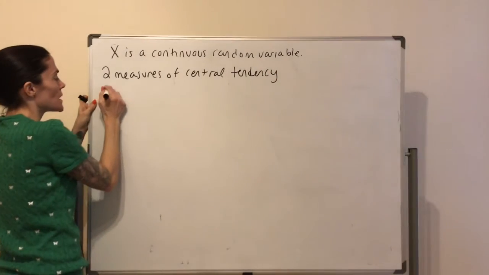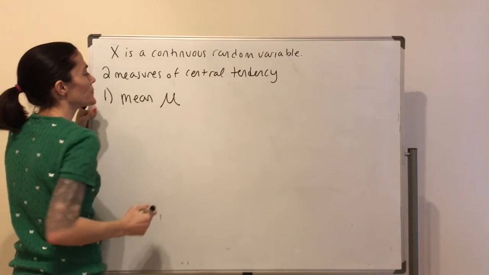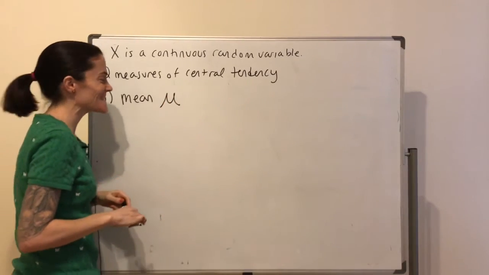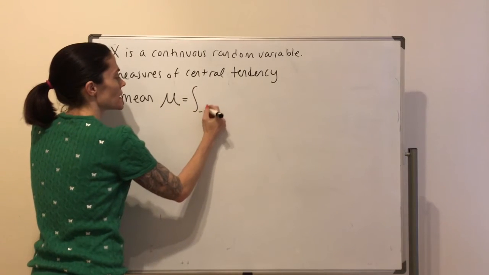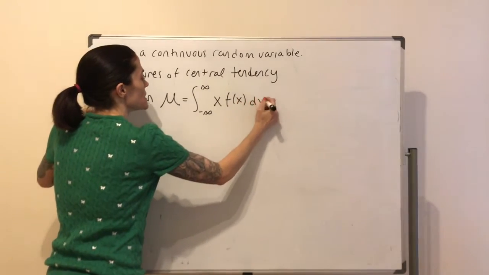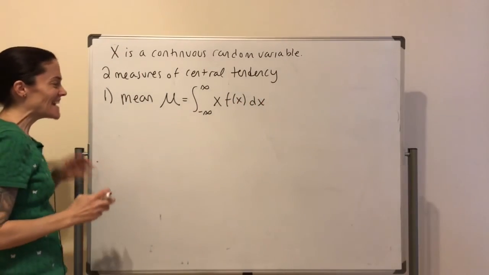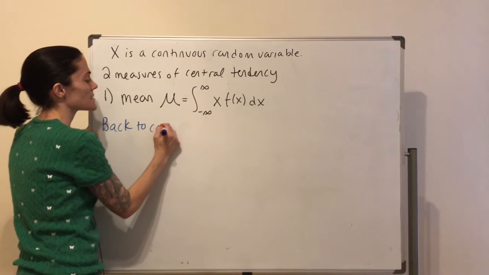The first one is called the mean, and this is denoted mu. Now, how do we calculate this? This is the integral from minus infinity to infinity of x f(x) dx. Now, let's go back to center of mass.